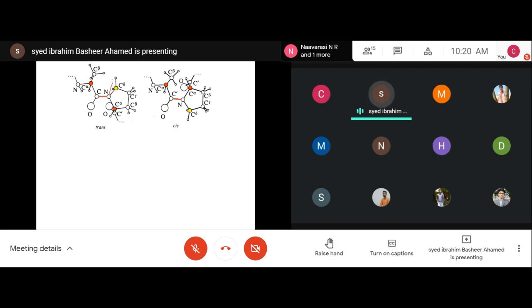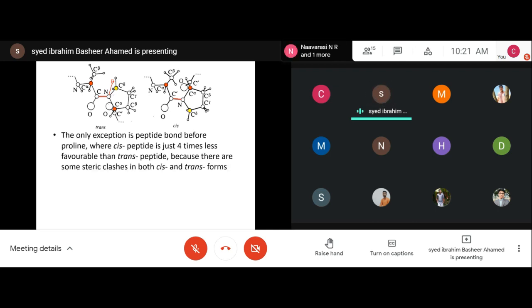Actually the hydrogen should come over here, but there is no hydrogen because it is making a covalent bond here. So this is the trans configuration in a proline peptide bond, and this is the cis configuration. In the trans configuration you will have steric hindrance, and in the cis configuration also you will have steric hindrance.